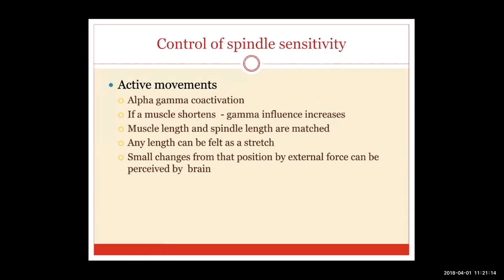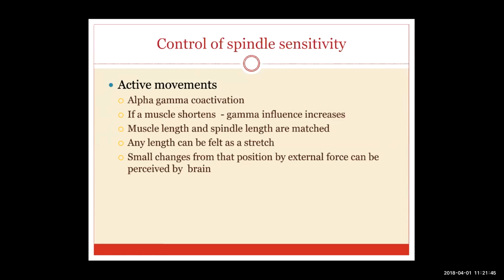Okay, right? So, as compared to passive movements, during active movements, we all know our alpha motor neurons are supplying the muscle and they produce a force. Now, when they are sending an impulse, the gamma motor neuron is also co-activated. So what happens if a muscle is going to shorten? The muscles are supplied by alpha, so they are shortening. Along with that, the gamma is also co-activated, so the ends of the muscle spindles are also going to shorten.